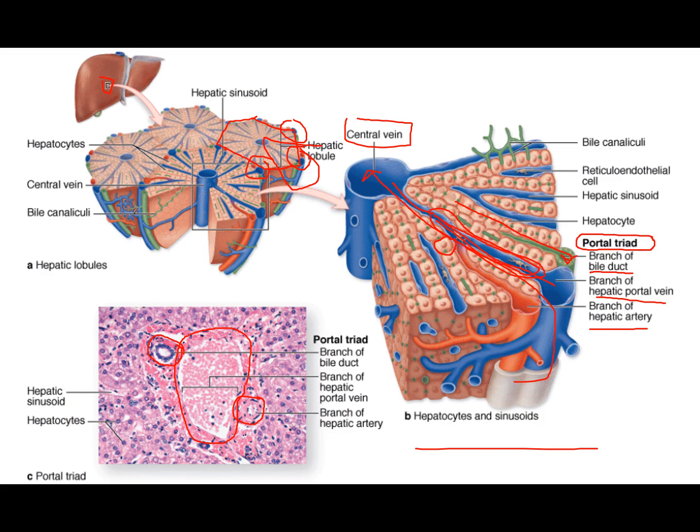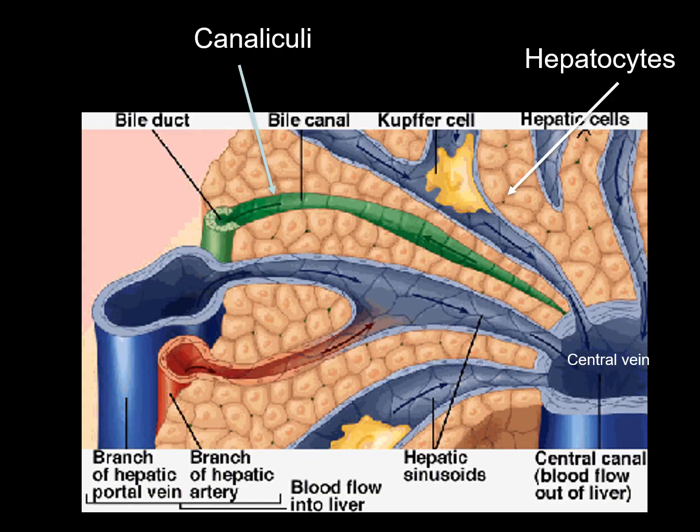And then you have the bile duct, and remember the ducts are lined with those cuboidal cells, so that looks like a duct, right? So you have your portal triad, 1, 2, 3. And all these other cells are hepatocytes and hepatic sinusoids over here as well. That's hard to identify under the microscope, but it's kind of cool as well.